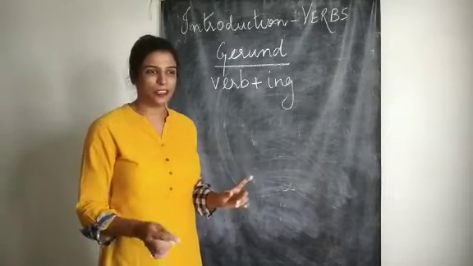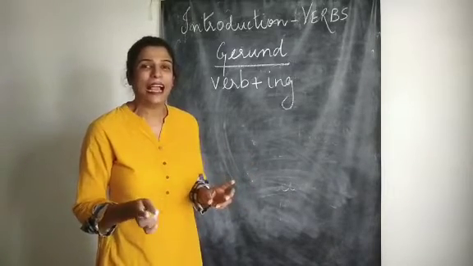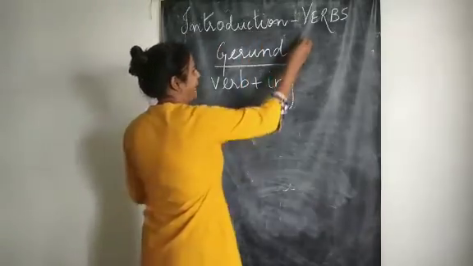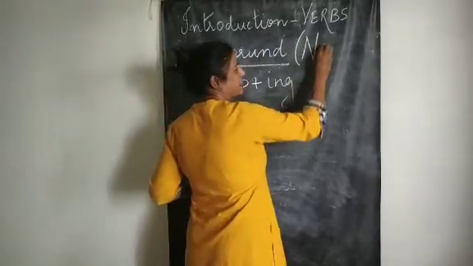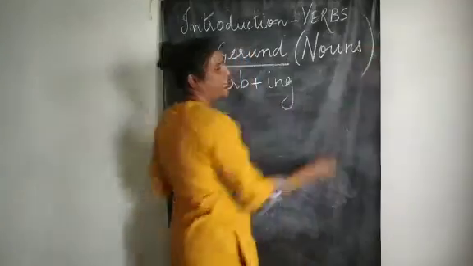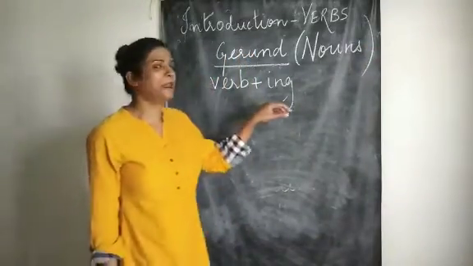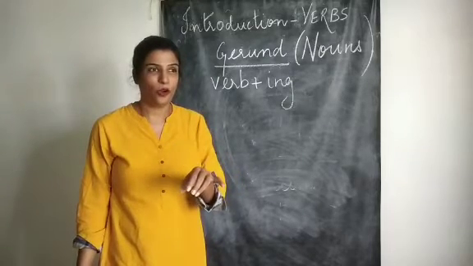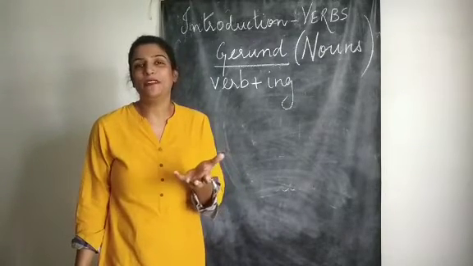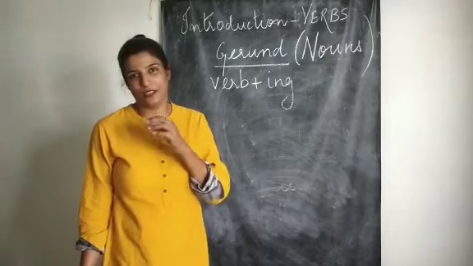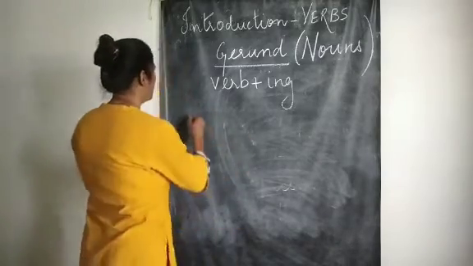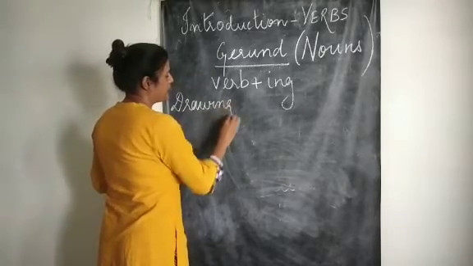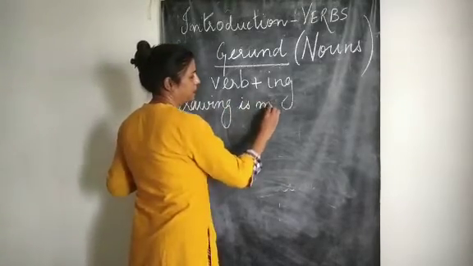I said in my lecture that participles act as adjectives. Gerunds act as nouns. They are naming words. Verb plus ing will be used as a name given to an activity. For example, I would say, drawing is my hobby.